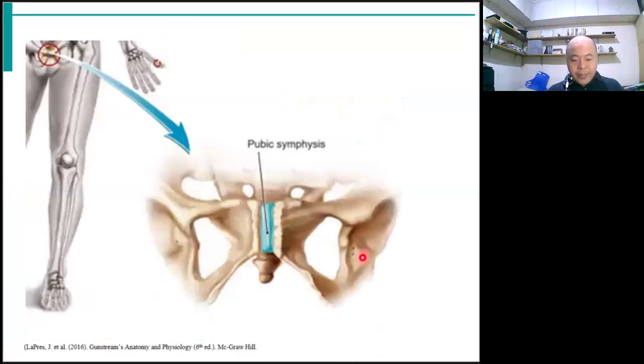So next, I magnify this from the previous slide as well. We have the pubic symphysis. It is a joint sandwiched between the left and right pelvic bones of the hip. Basically, it is where your top part is connected to your bottom part. Okay?